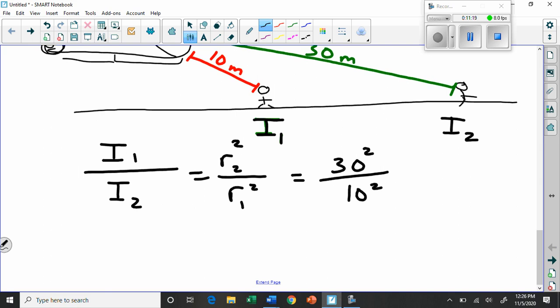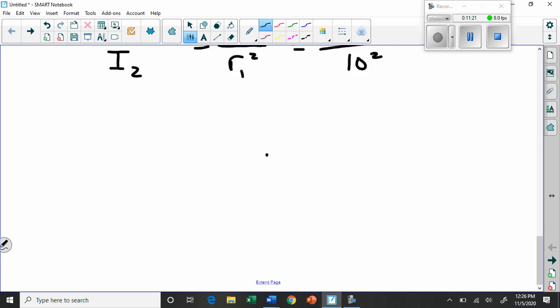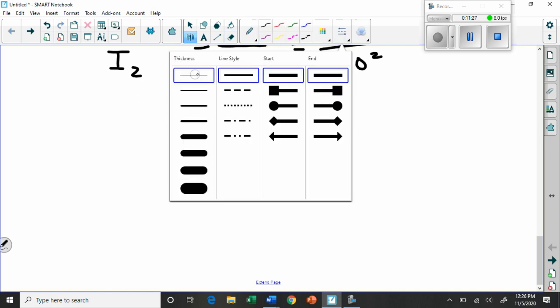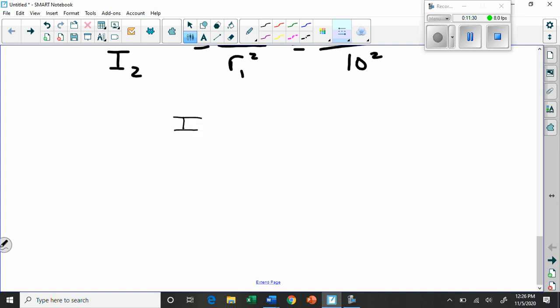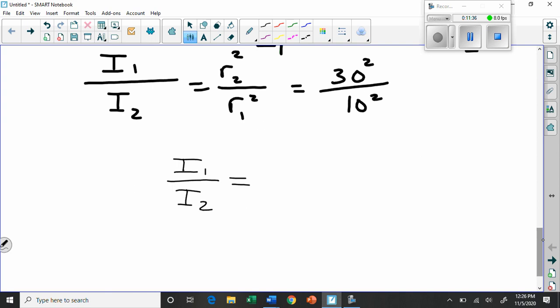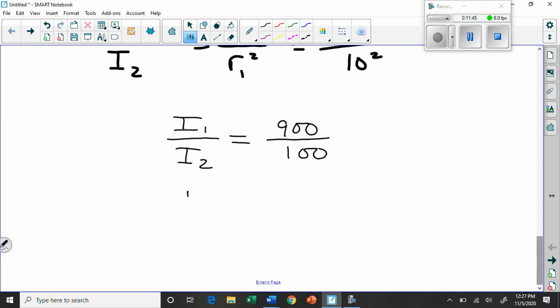So I1 compared to I2 equals 30 squared over 10 squared. That's 900 over 100, which is basically just 9, right? So that means that I1 compared to I2 equals 9.